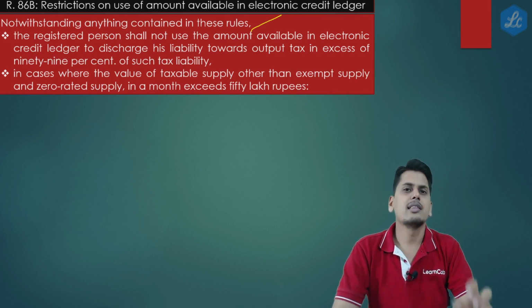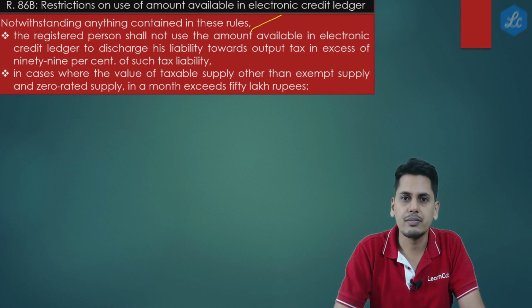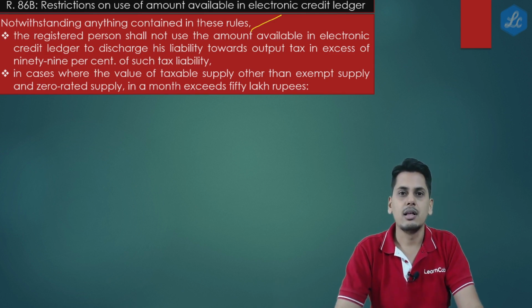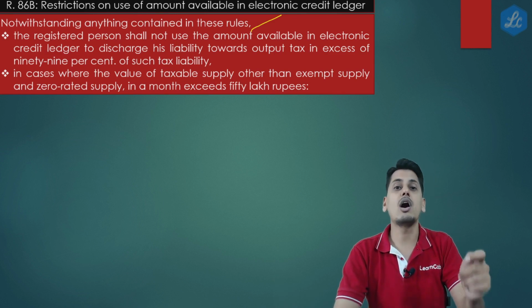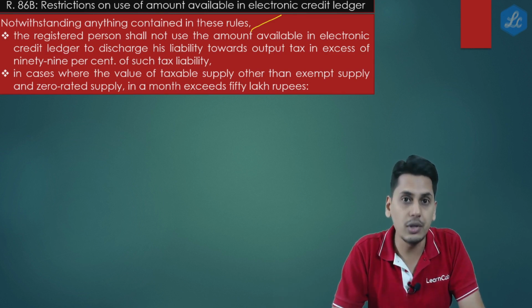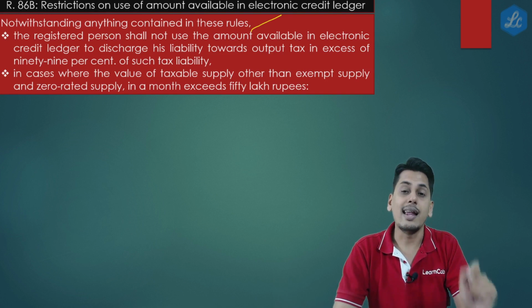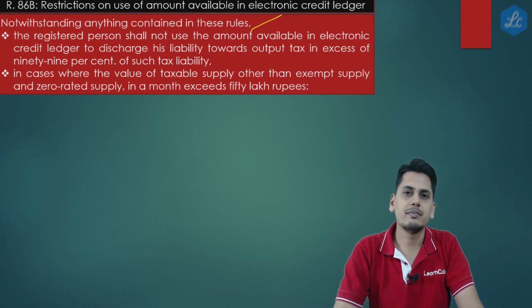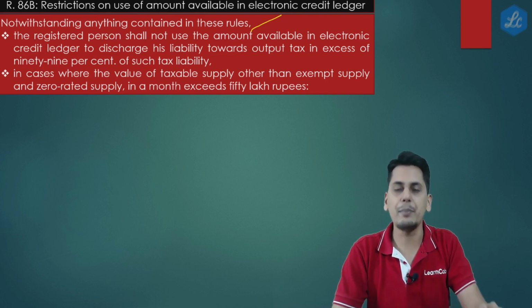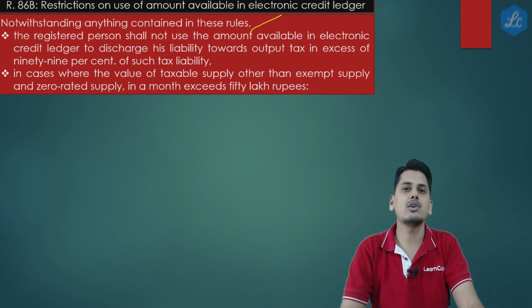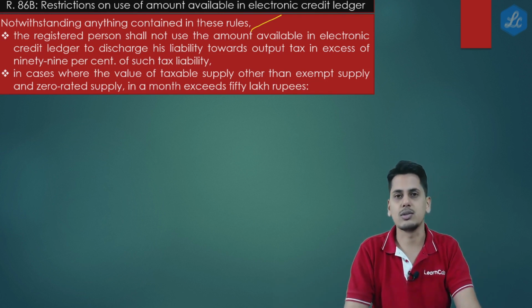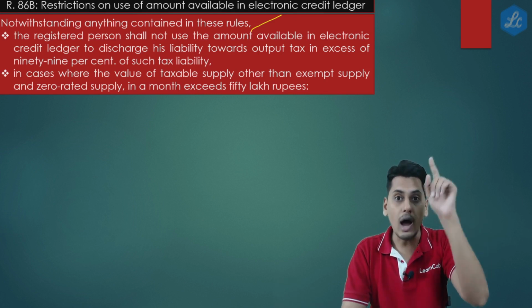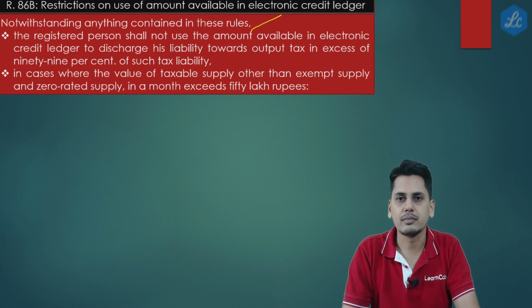So friends, the restriction placed is that a registered person will not be in a position to utilize the electronic credit ledger balance in excess of 99%. 99% of what? 99% of input tax credit balance? The answer is no. 99% of output tax liability.